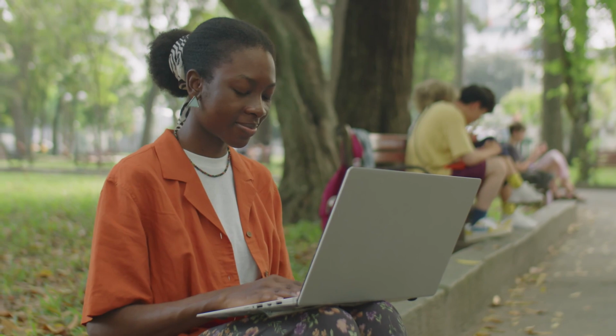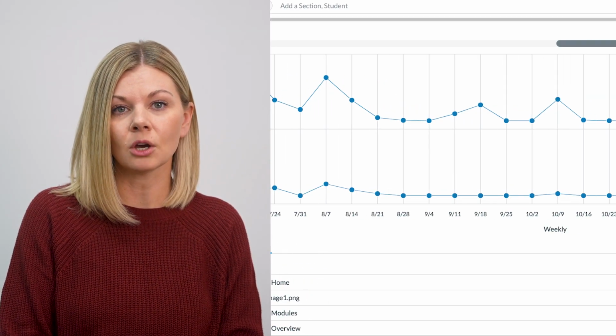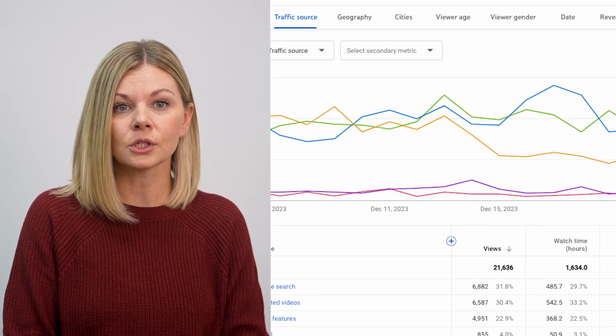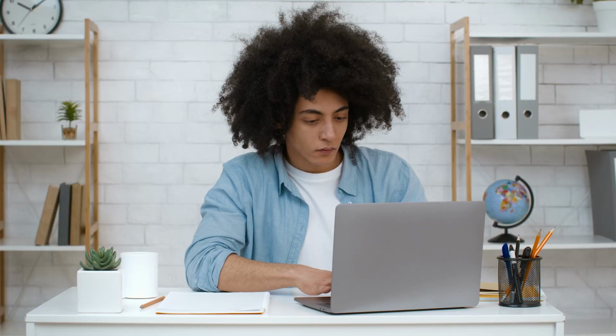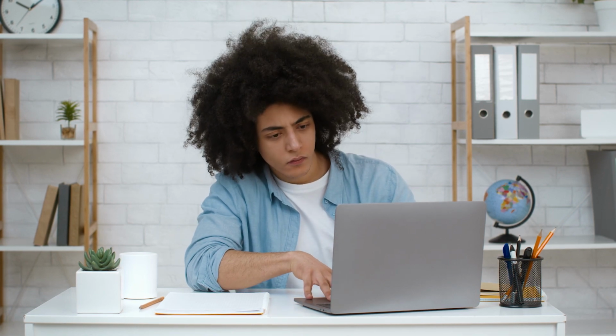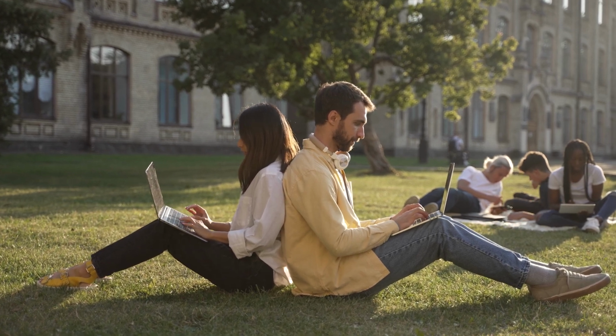They found that shorter videos are more engaging for students and recommend segmenting videos into short chunks. You can also include surveys or use online video platforms like Kaltura and YouTube to access engagement metrics, such as likes, comments, and shares, are indicators of how well your content is resonating with your audience. So, don't be afraid to experiment and gather feedback to understand what works best for your students.